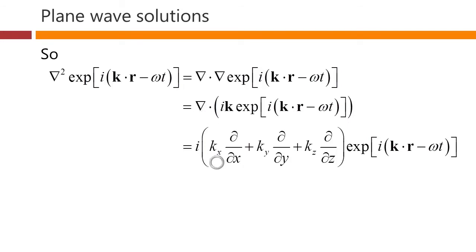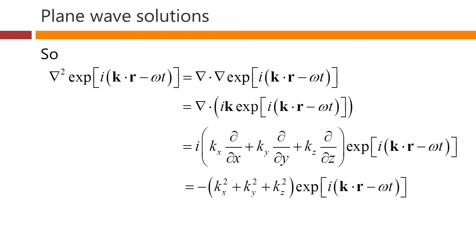This would be i kx d by dx, i ky d by dy, i kz d by dz. And we know how to take these derivatives because we already did this. And so the net result of that, adding all of these up, is minus (kx squared plus ky squared plus kz squared) e to the i(k dot r minus omega t), which is just minus k squared e to the i(k dot r minus omega t).